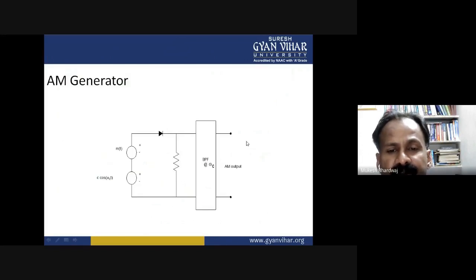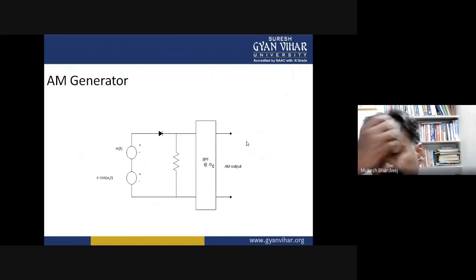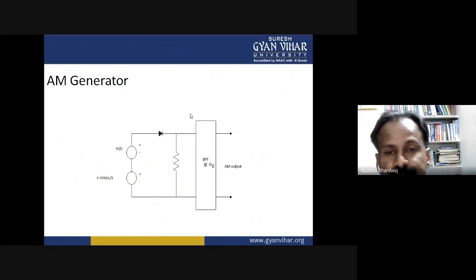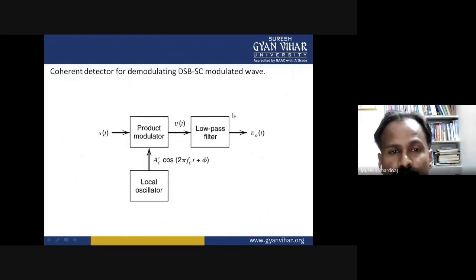Now the AM generator: this is the amplitude modulation generator diagram showing how AM signals are generated. Coherent detector for demodulating a double sideband suppressed carrier modulated wave.